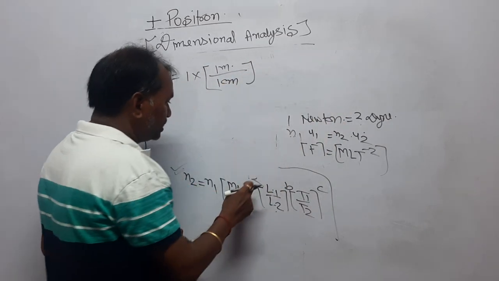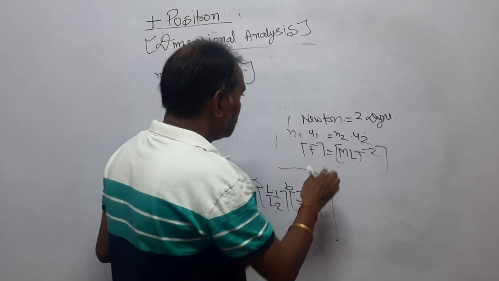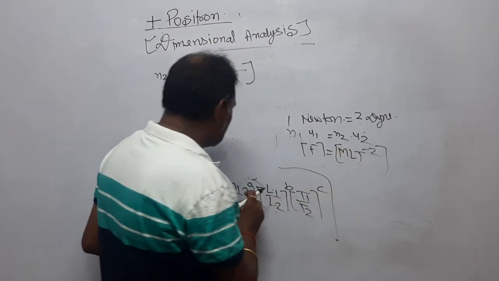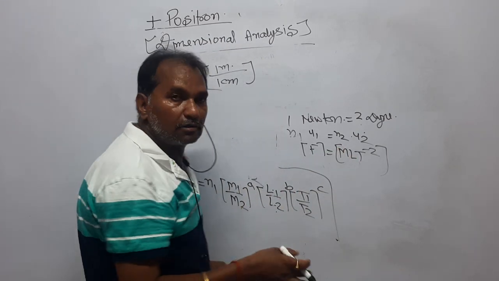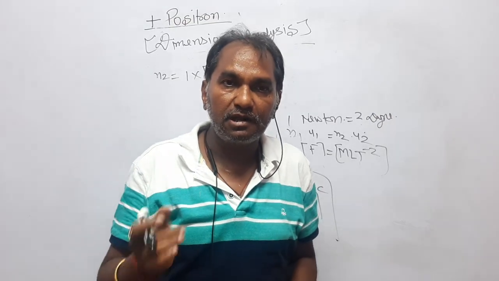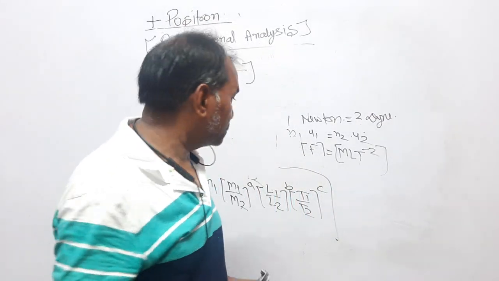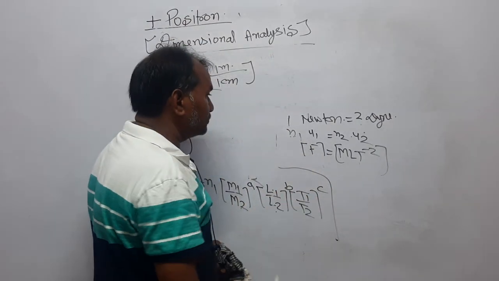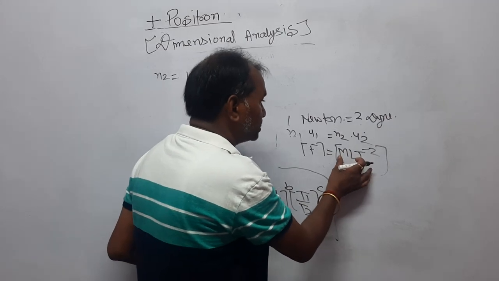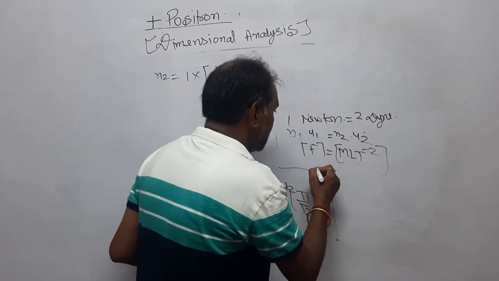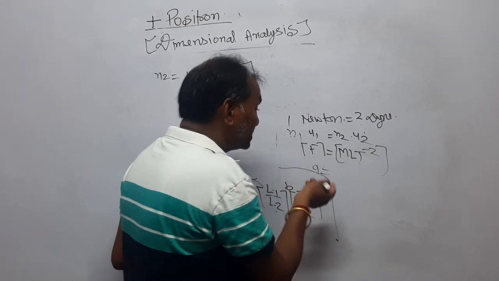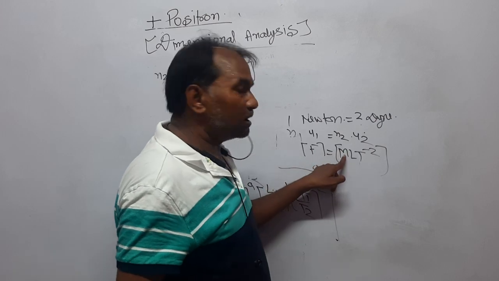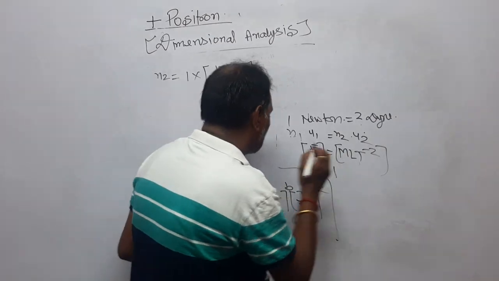Now, what is this A? Compare it. M1, L1, T1 and M2, L2, T2 are representing the force. So what will A, B, C be? Compared with the dimension of force, mass has the dimension 1, so A is equal to 1.